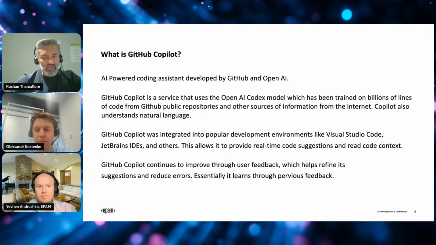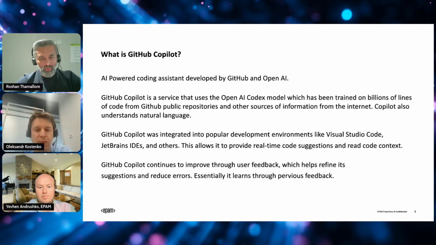It is essentially a service that uses the OpenAI Codex model, which has been trained on billions of lines of code from the GitHub public repositories and other sources of information from the internet. Copilot also understands natural language, so it has LLM capabilities.